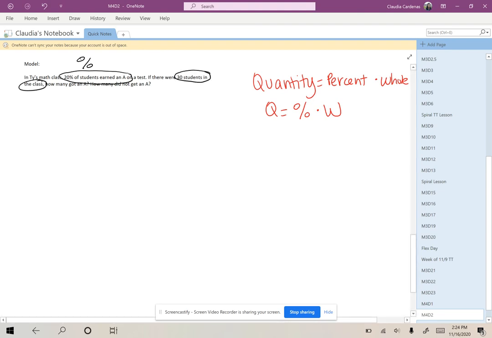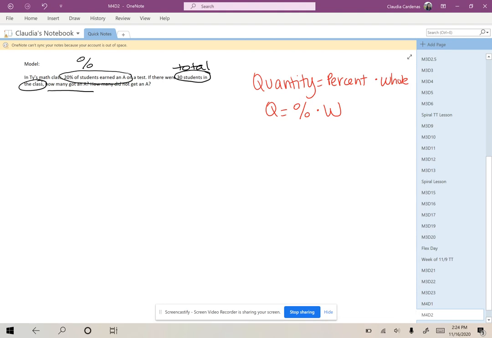Well, is that the part of the students or is that the whole class? If it says 30 students in the class, that would be the total amount. There's nothing specific about these 30, just that they are the ones in the class. Now that we have determined the total amount, the question says how many got an A? Are they asking us to find the whole amount of students or the part of the whole?